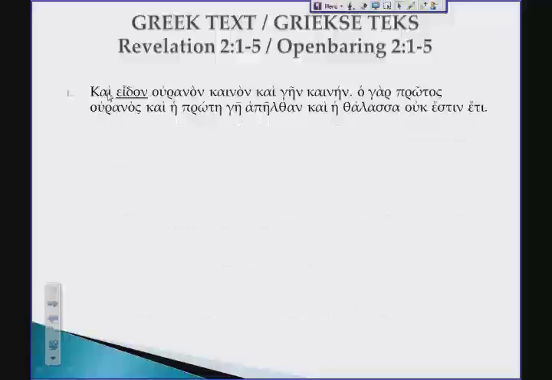ASM, you want to try something? Try and translate, get the Afrikaans or the English version of this Greek text. Anyone who wants to try? Just open your microphone, you will do this with me.